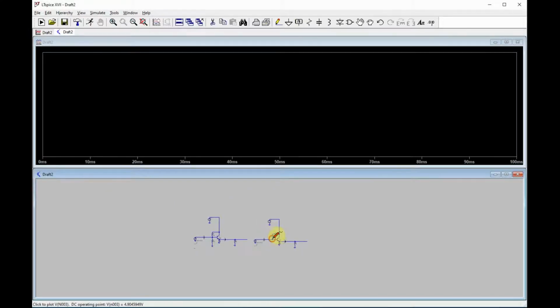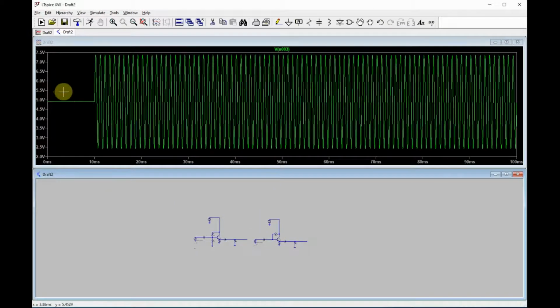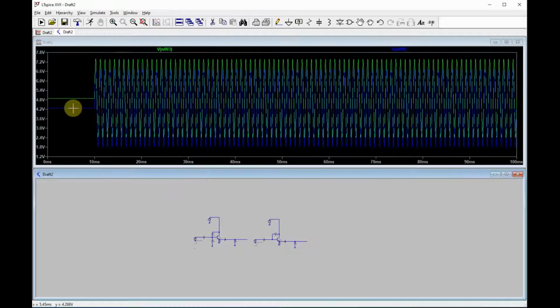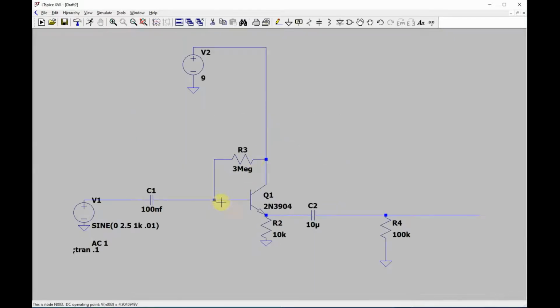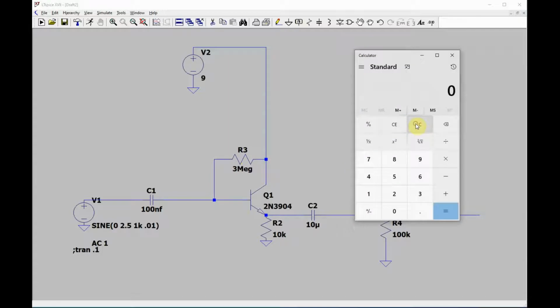This is the bias at the base. Right now, because the HFE is set at 4.91, the output comes out to 4.2. The problem with this, if you say it's a problem, is the way you figure out where this bias is: you have 3 megs here, and you take this 10,000 multiplied by the HFE.